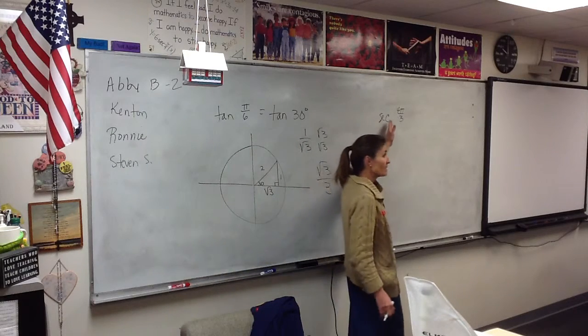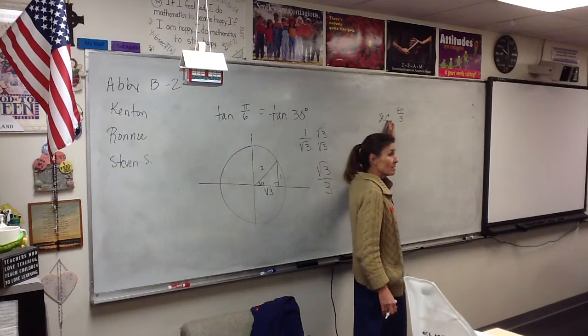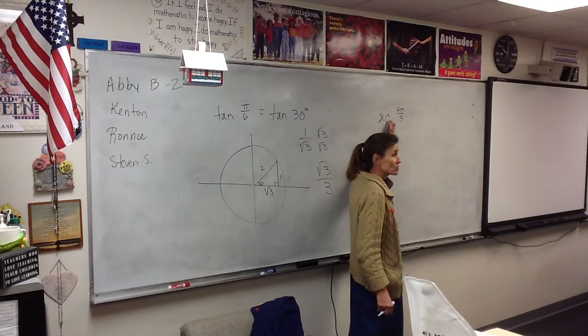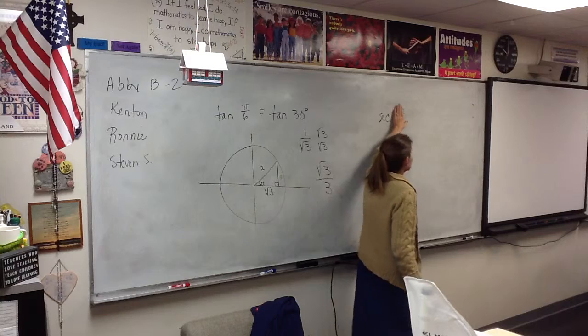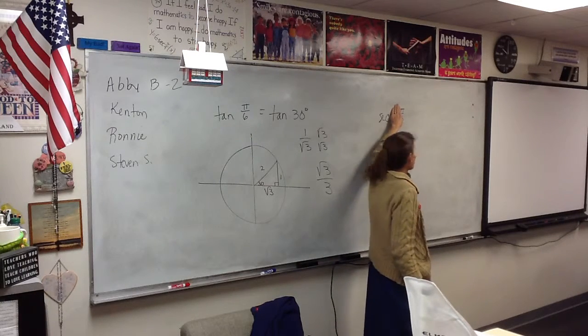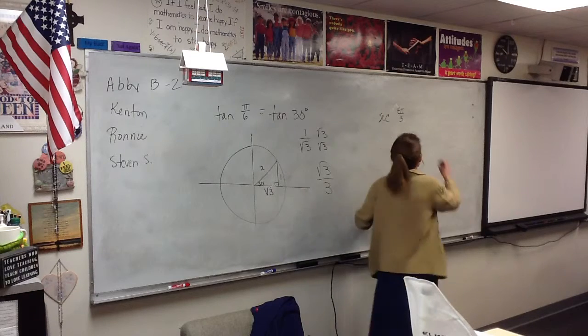This one was a little bit tougher. Okay, so how did you start it? Did anybody try this one? Okay, how did you start it? 180 divided by 3 is 60, times 4 is 240.